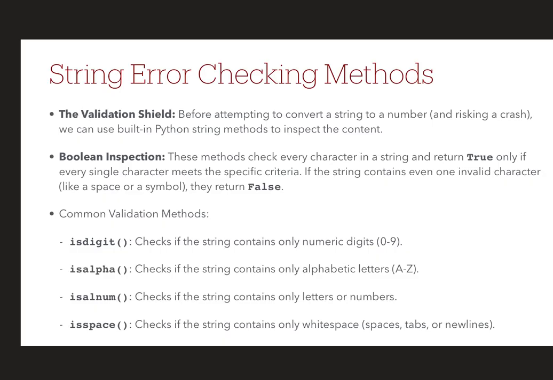You need to check this before you call the functions. Then you can call int or float only when the information given is actually a numeric integer or numeric float number. We can use some functions like this.